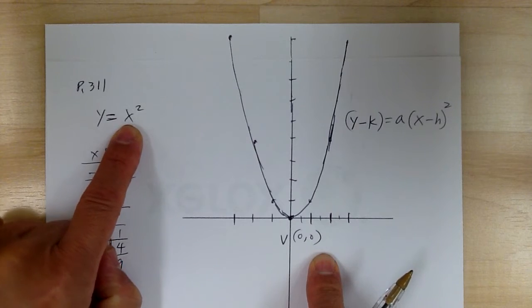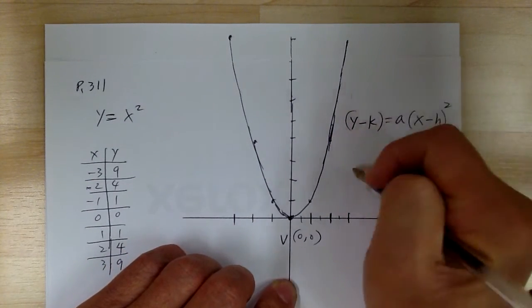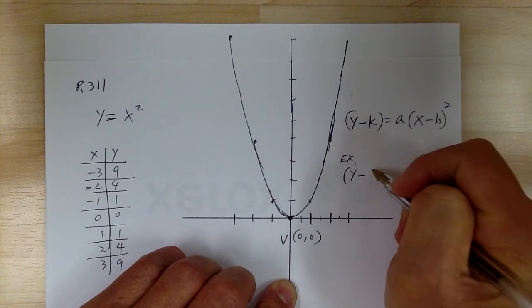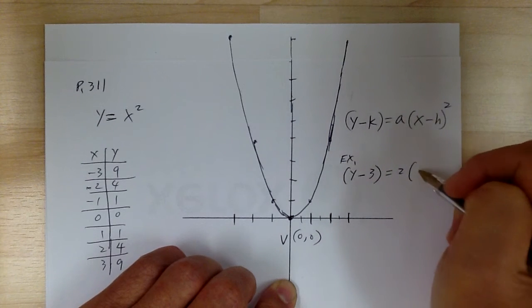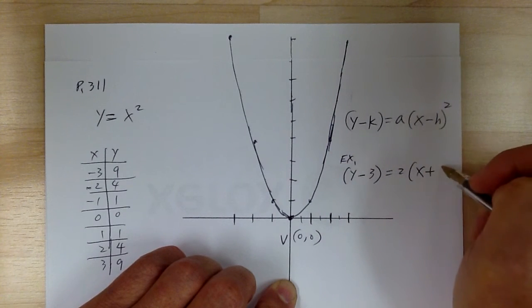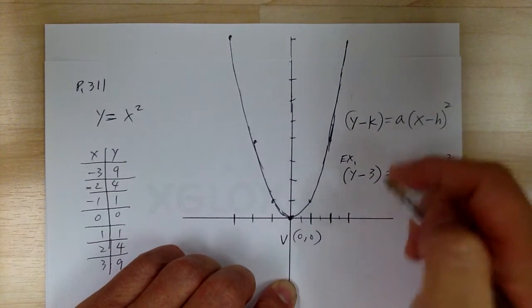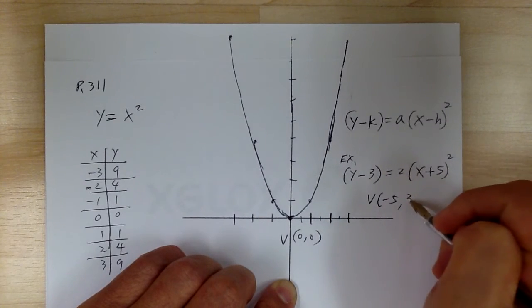Okay? So let's say you have an example. Let's say y minus 3 equals 2 times x plus 5 squared. Okay? So in this case, your vertex is going to be at -5, 3.